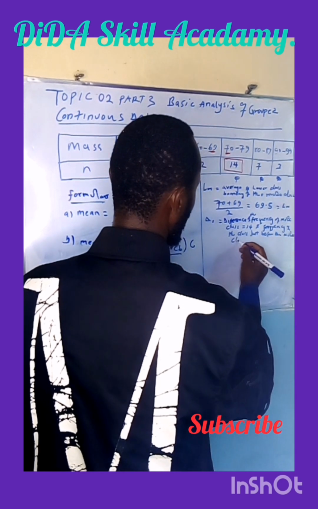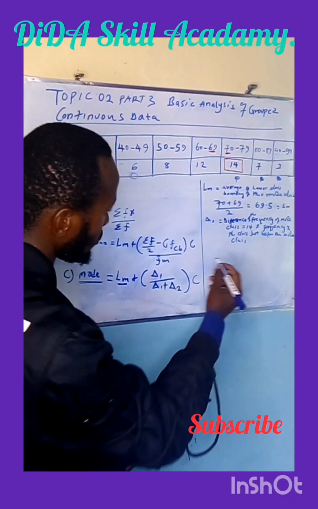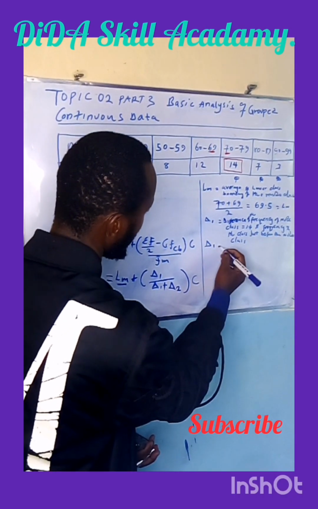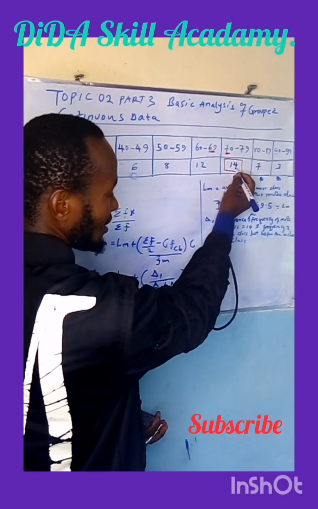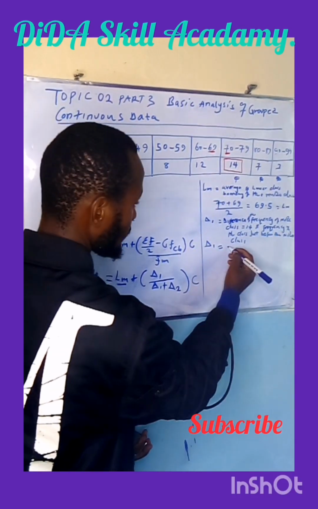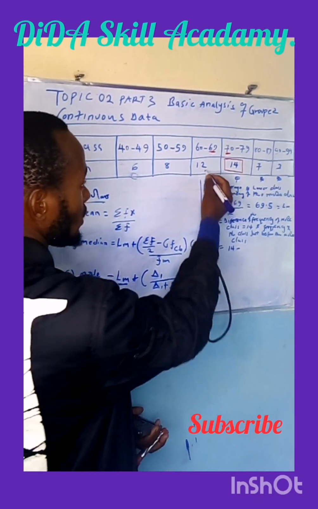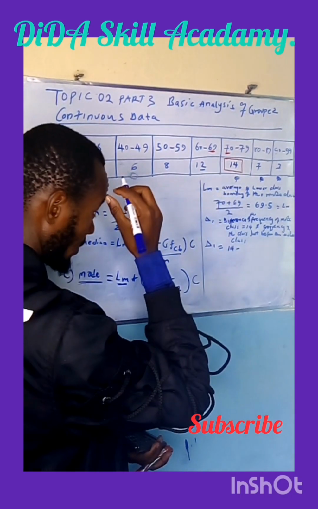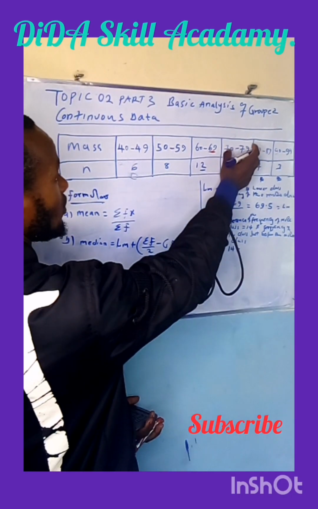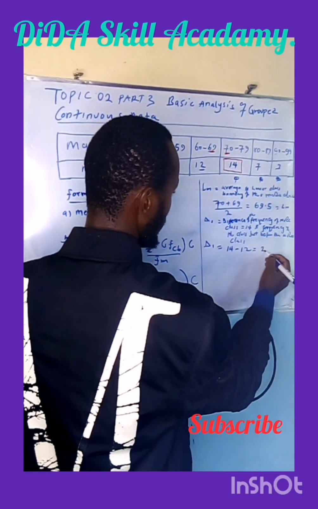Okay, guys, don't worry, we're going to solve it together. So delta 1 equals the frequency of the mode class, which is 14. Then you deduct 12, which is the frequency of the class just before the mode class. That is 12, and then you get 2.